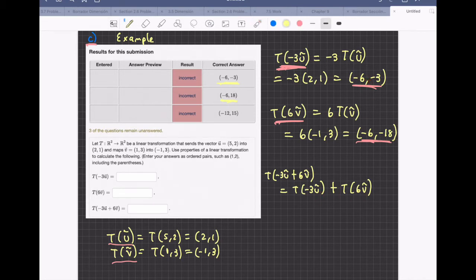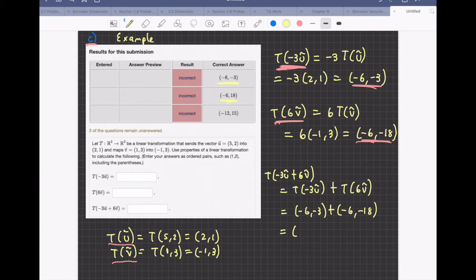So this becomes negative 6, negative 3, plus negative 6, negative 18. Because this value is this one, and this value is this one, you see? So only use these values. And then we have the addition of two vectors, add them as you know.